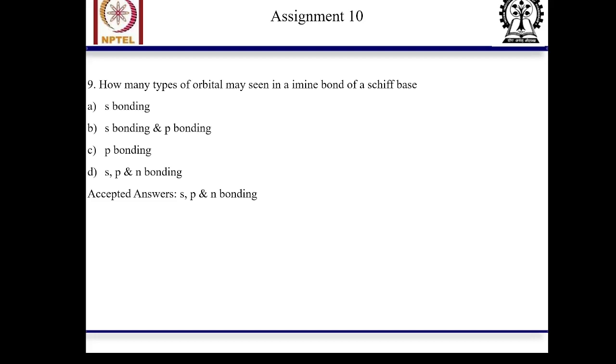How are you saying that D will be the correct option for this? Any explanation?